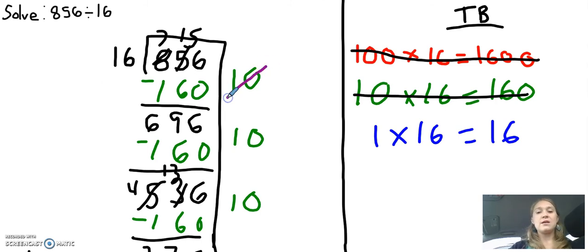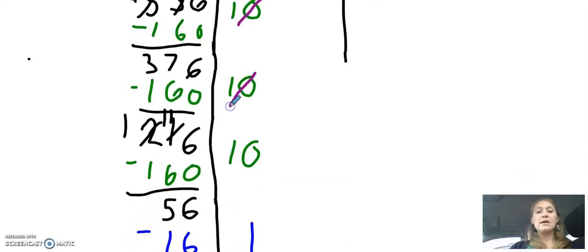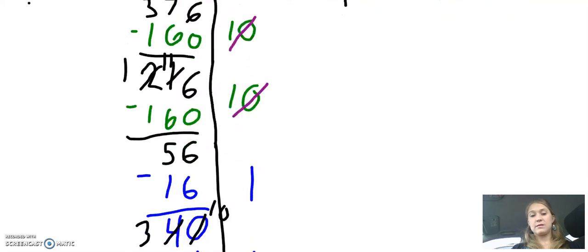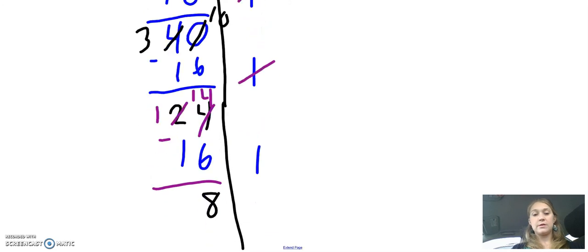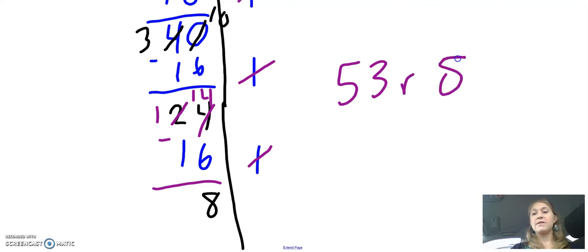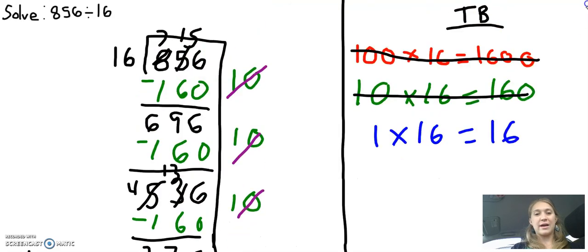So that's 10, 20, 30, 40, 50, 51, 52, 53, with a remainder of 8. So going all the way back up here, I got 53, remainder 8.